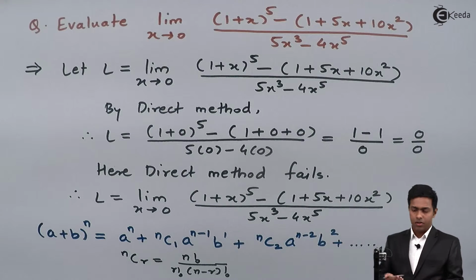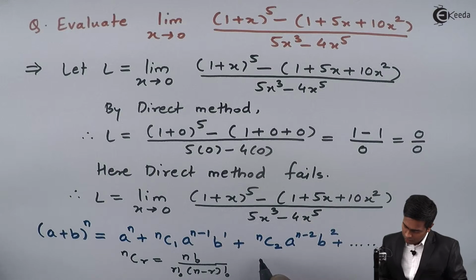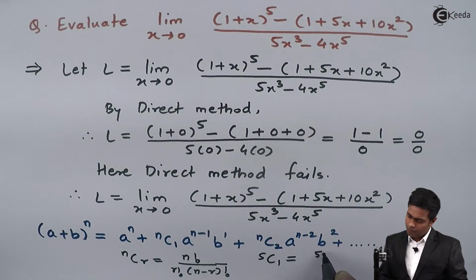So now suppose we want to find the value of 5C1. By using this formula, n is 5, r is 1, so we will get 5 factorial in the numerator.